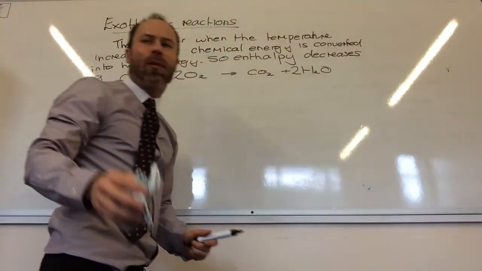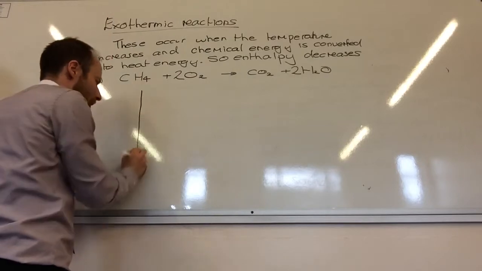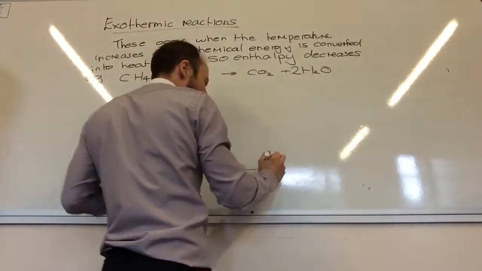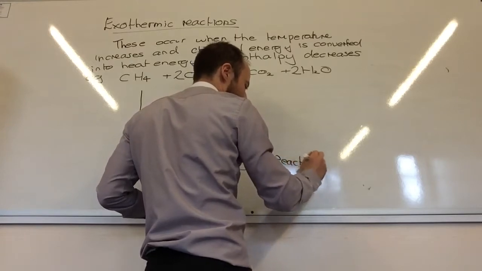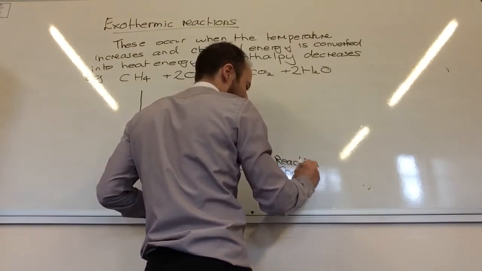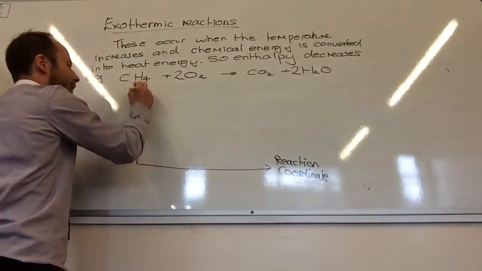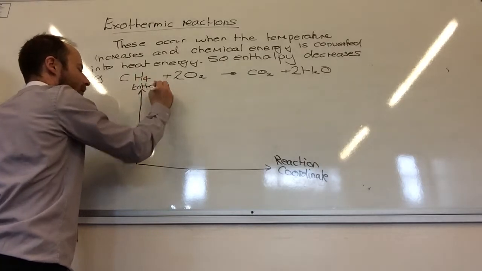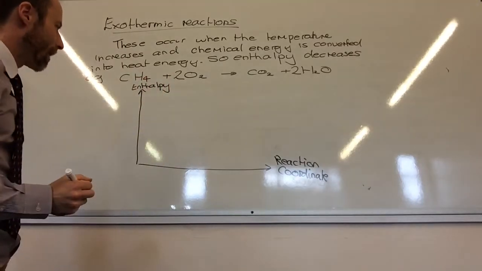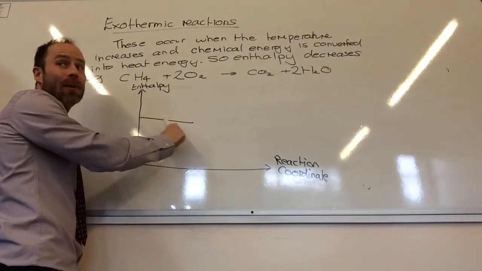So we're going to do the enthalpy profile diagram for this. Along the x-axis is called the reaction coordinate. Going up here is going to be enthalpy. On this line, this is my reactants.